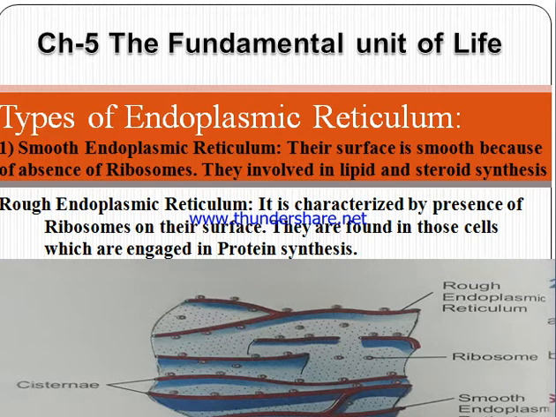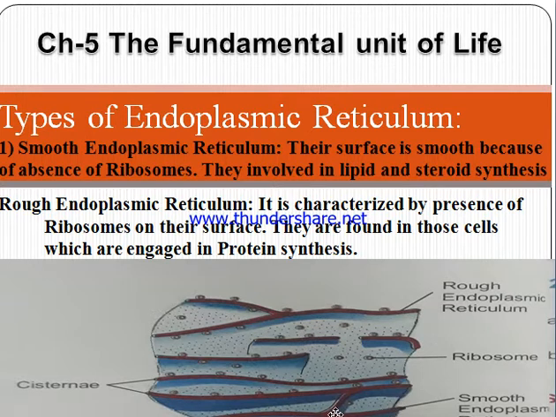In smooth endoplasmic reticulum, the surface is smooth because of the absence of ribosomes. If ribosomes are absent, then the surface is smooth. Ribosomes are the dot-like structures. If some ribosomes are present on the double membrane, then it is known as rough endoplasmic reticulum.